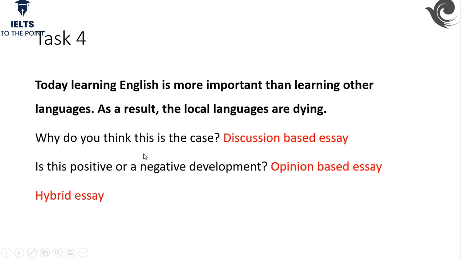You can say that these are the causes and these are the consequences. When you say consequences, you can either give positive consequences or negative consequences, but don't give both of them if you want to treat it as a discussion based essay.